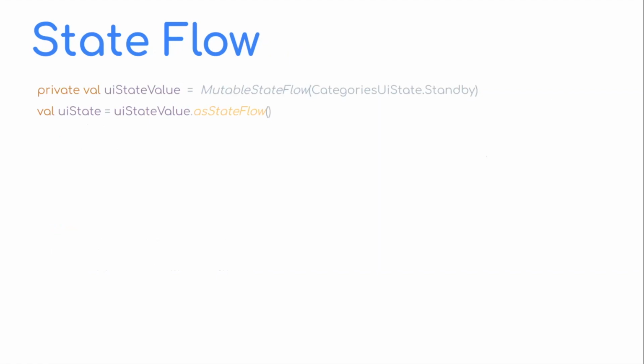This is how we can create our flow by using the MutableStateFlow with an initial value. This initial value is just a placeholder that will be sent first when different collectors or observers are taking this data.